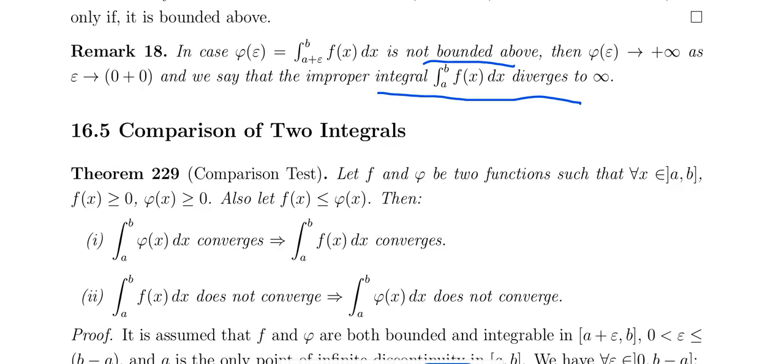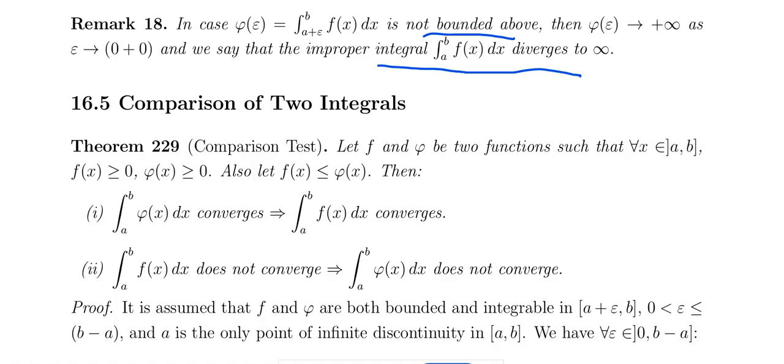Similarly, comparison of two integrals: let f and phi be two functions such that for all x belonging to the open interval a, b, f of x is greater than or equal to 0 and phi of x is greater than or equal to 0, and f of x is less than or equal to phi of x. Then the integral a to b of phi of x dx converges implies the integral a to b of f of x dx converges.